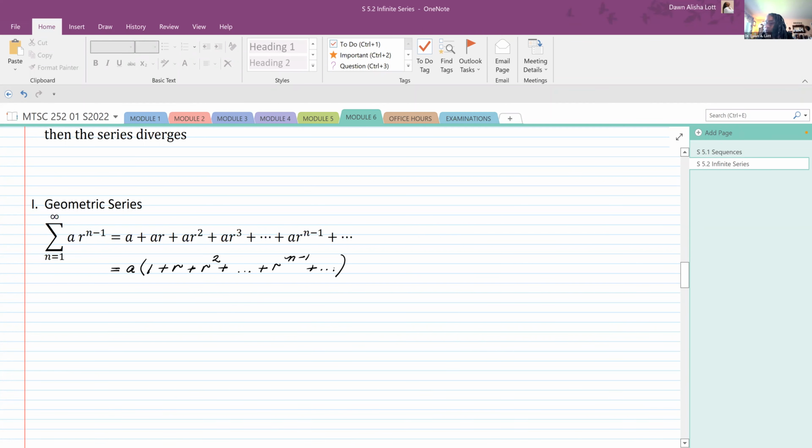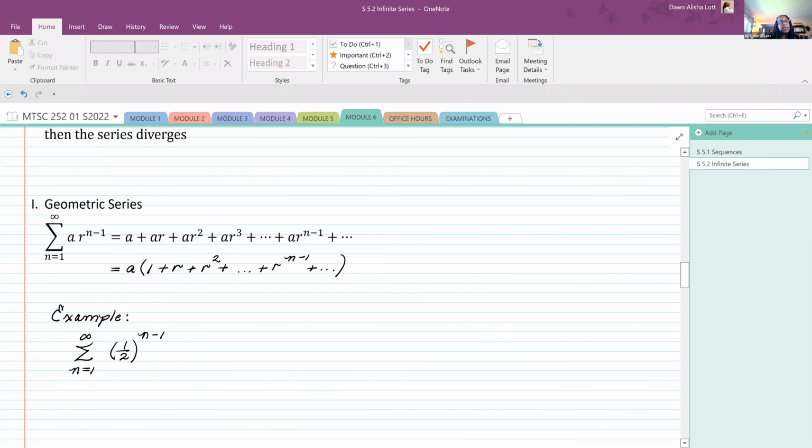Okay, so what is an example? An example of this series might be the one we just looked at. So we might want to sum n equals 1 to infinity of 1/2 to the n minus 1.